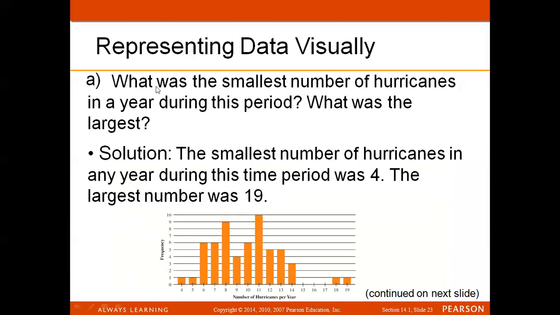So now, what was the smallest number of hurricanes in a year during this period? Number of hurricanes on the horizontal axis. 4 is our smallest possible number of hurricanes. And what was the largest? 19. Luckily, we have the solution typed out. The smallest number of hurricanes in any year during this time period was 4. The largest number was 19.